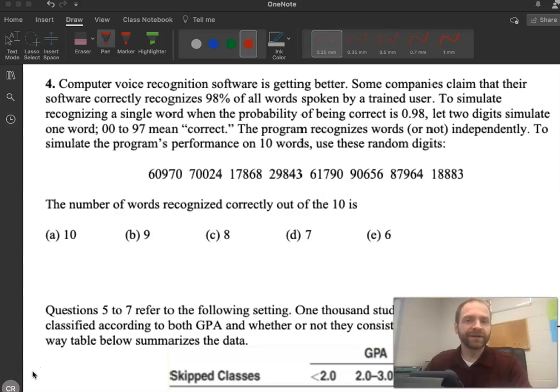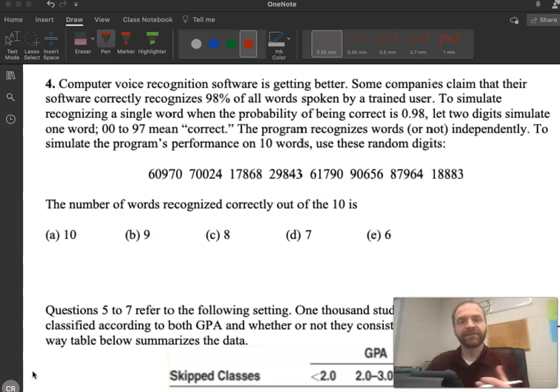And that's what I'm telling you, a lot of multiple choice questions are great for learning how to say things properly. Because the question has to tell you properly, which means you can learn from the question how you can say it properly. So it's going to say, let two digits simulate one word.